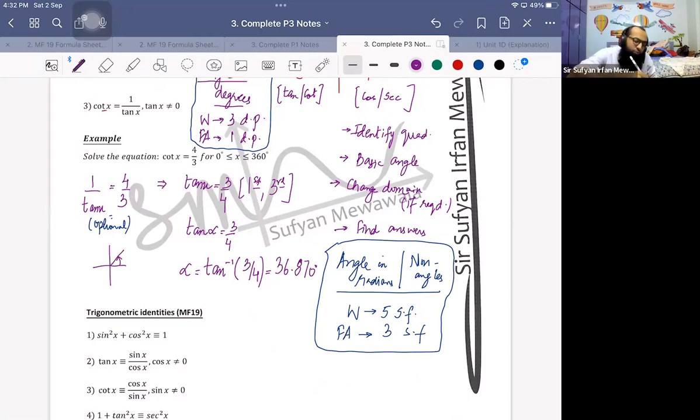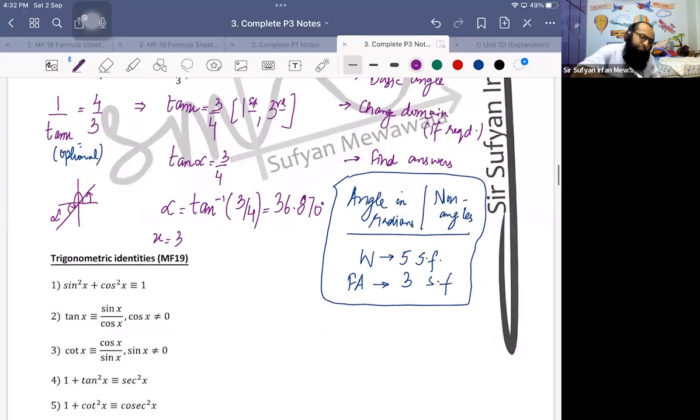Over here, we have 2 quadrants. Basic angle alpha is always with the x-axis. So from here till here will give us 180 plus alpha. So we have 2 answers of x. One of the answers is alpha itself, and another answer would be 180 plus alpha. And then we are going to round it off to 1 decimal place as well.